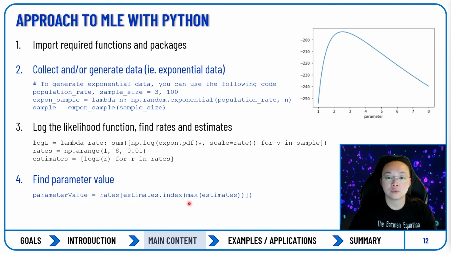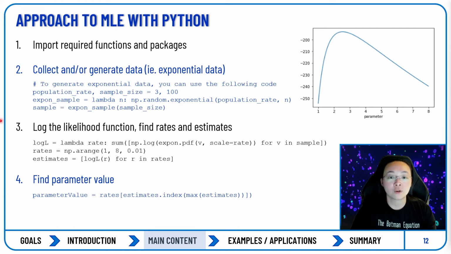And then we're going to, from that list of estimates, determine the maximum value that is going to be our best fit. This parameter value can be plotted, and you end up with your values versus your parameter. And we see that the maximum value is given by a parameter of approximately 2.5. So essentially what this means is we've generated some data set, and we generated a data set based on a population rate of 3.